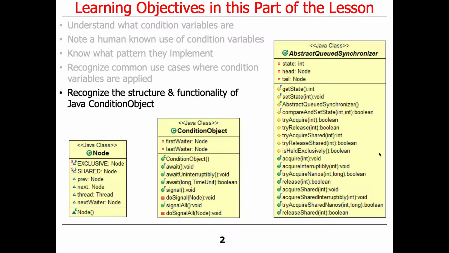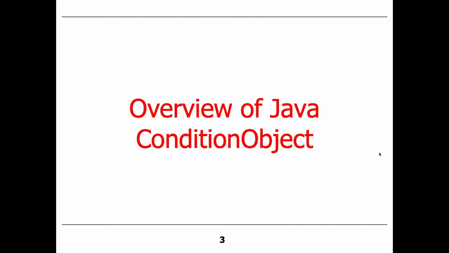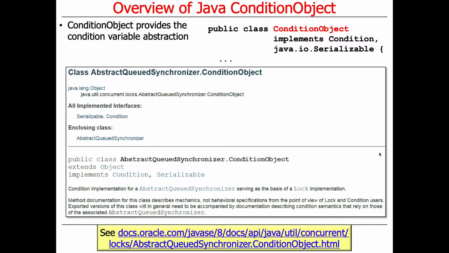What we're going to do now is talk more about the structure and functionality of the Java ConditionObject class, which is a very interesting and somewhat complicated class to understand its innards, but the actual use case is fairly simple. So ConditionObject is the way that Java provides an implementation of the condition variable abstraction we talked about before.